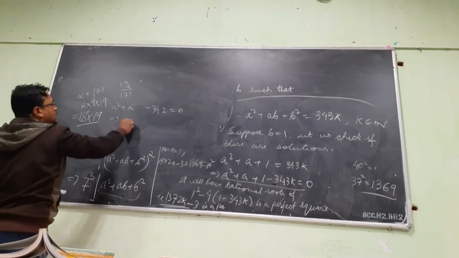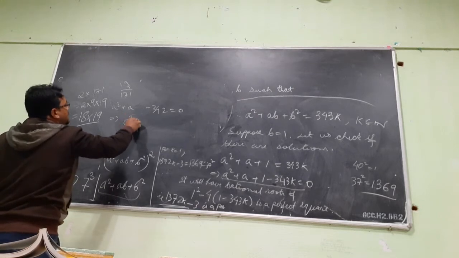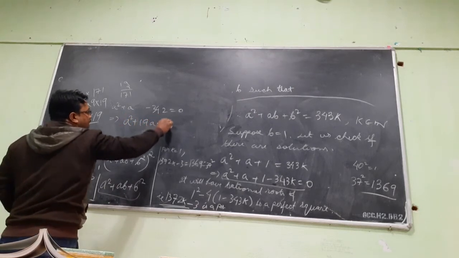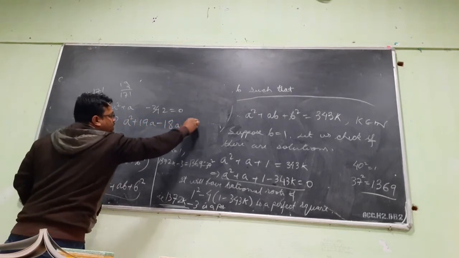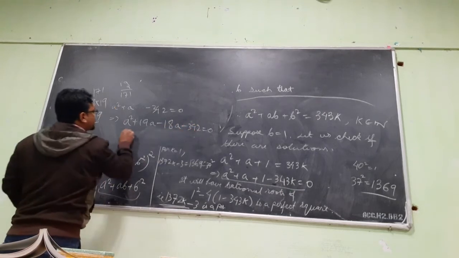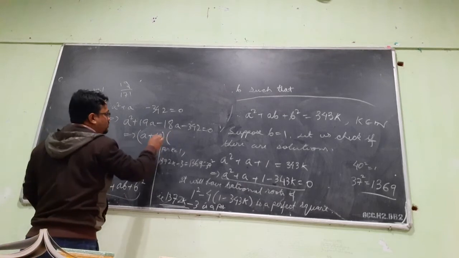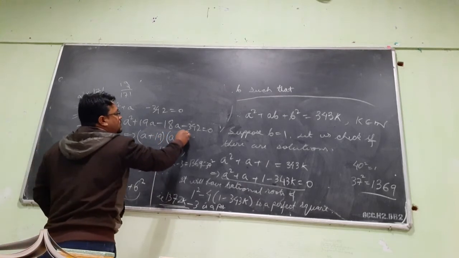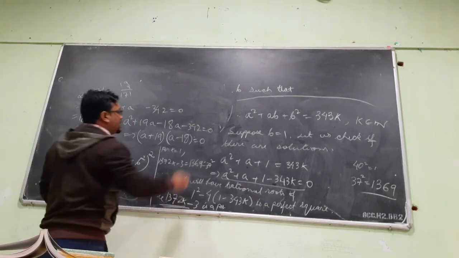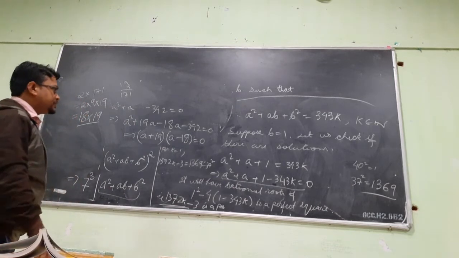Okay. So this factorizes as a square plus 19a minus 18a minus 342 equal to 0. So one possibility is, a is positive, so it will not be minus 19, it will be 18. A equal to 18 is one possibility.